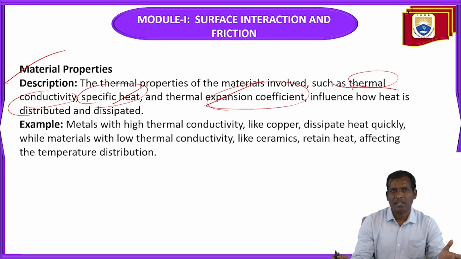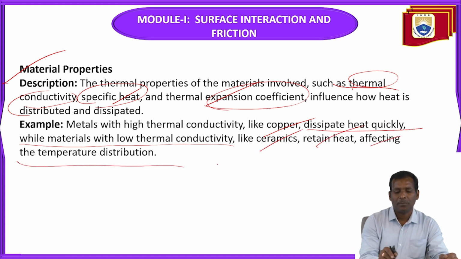So how much heat is generated and how much heat is dissipated to the surroundings. Metals with high thermal conductivity like copper dissipate heat quickly, while materials with low thermal conductivity like ceramics retain heat, affecting the temperature distribution.